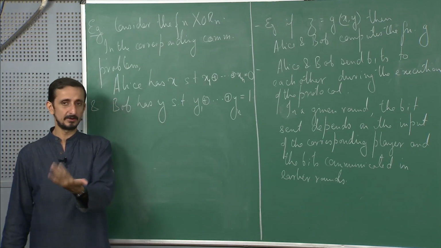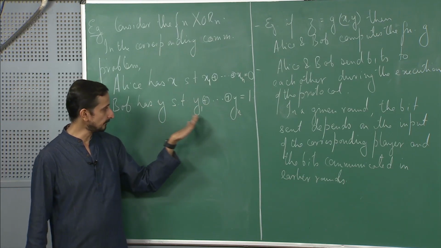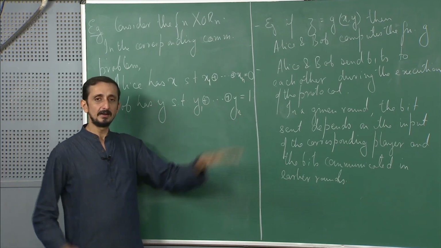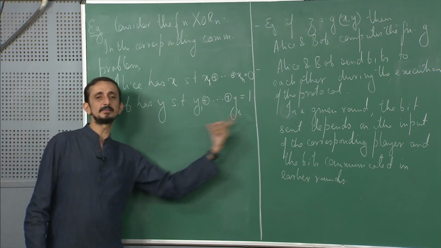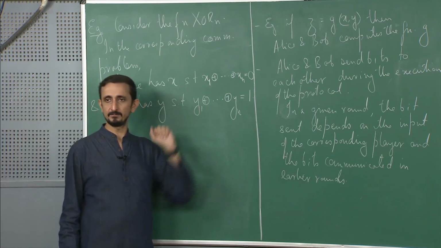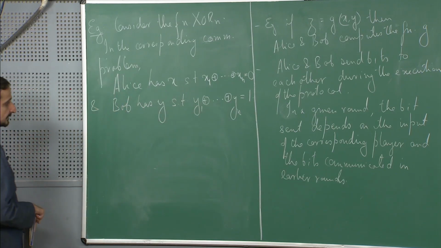And if the parity of the first n/2 bits is 0, then the next n/2 bits is 0. And if I have parity of n bits which is 1, then the opposite is true. So if the first n/2 bits is 0, then the next n/2 bits must be 1, and vice versa. This is the principle on which the protocol is designed.